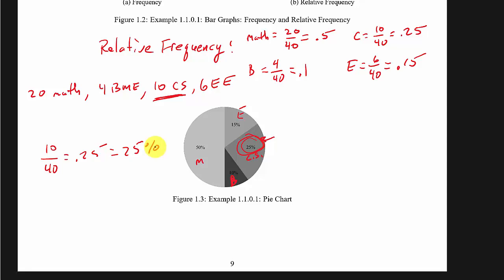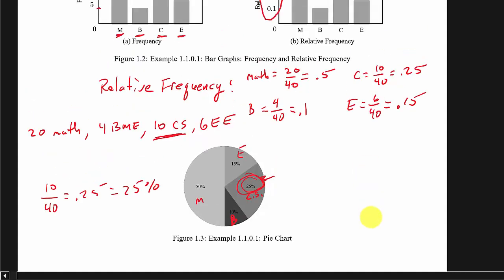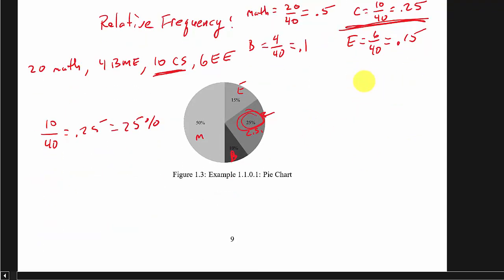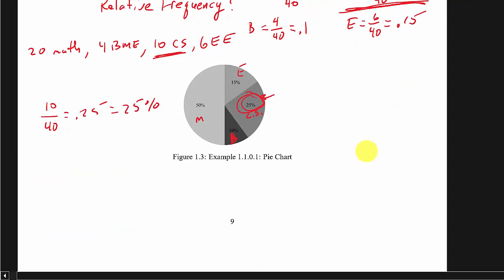And if you notice this 0.25, this 25%, that's what we got up here on the relative frequency, okay? That's what it is. 25% of the students are in computer science, 50% in math, 10% in biomed, and 15% in electrical. All right.